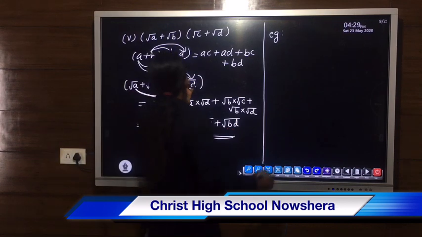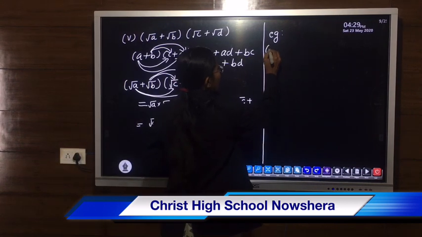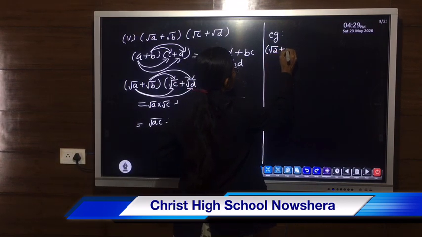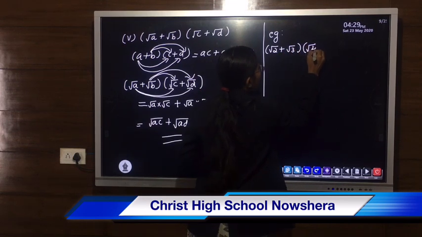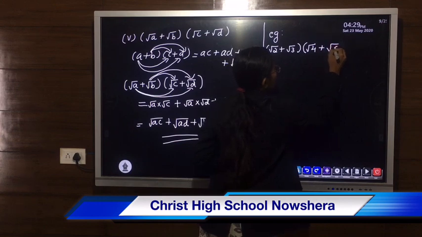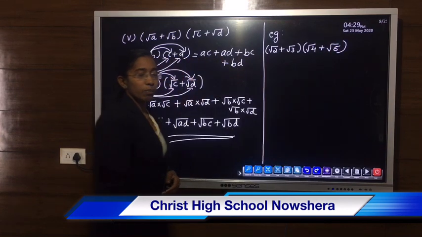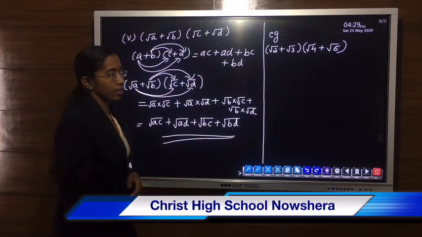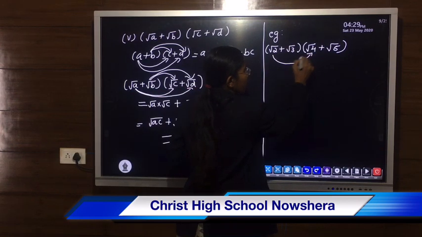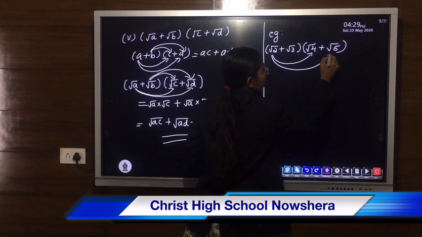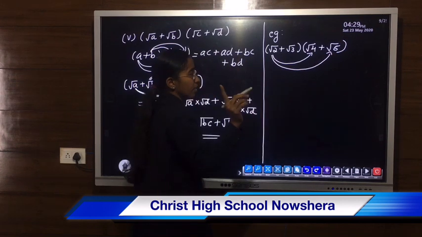Just check with one example. Root 2 plus root 3 into root 4 plus root 5. Suppose this is your question, how to find? First, you multiply this root 2 with root 4. Again, multiply root 2 with root 5. That is your first step.